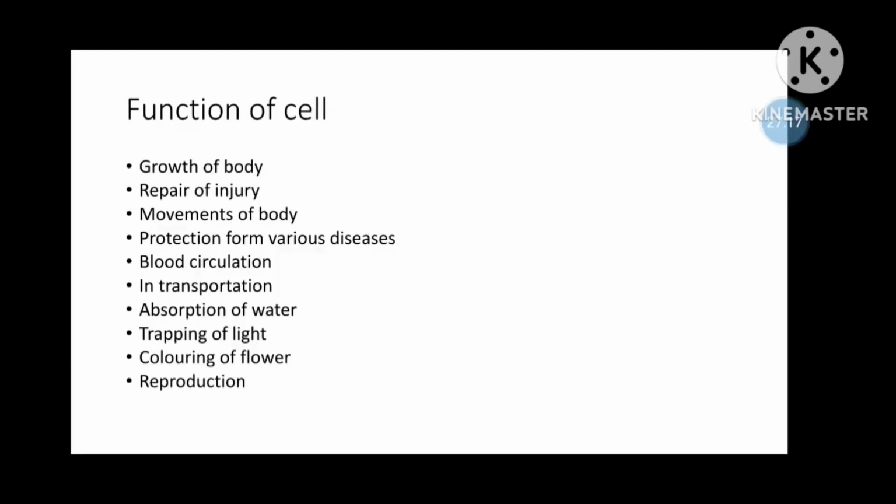Next is trapping of light. You know that chloroplast has chlorophyll, and the chloroplast traps the sunlight, absorbs the sunlight, and utilizes that energy to form glucose molecules. So some cells are involved in the trapping of sunlight.